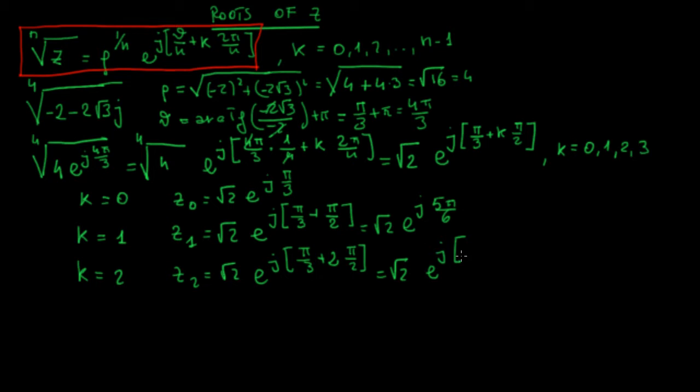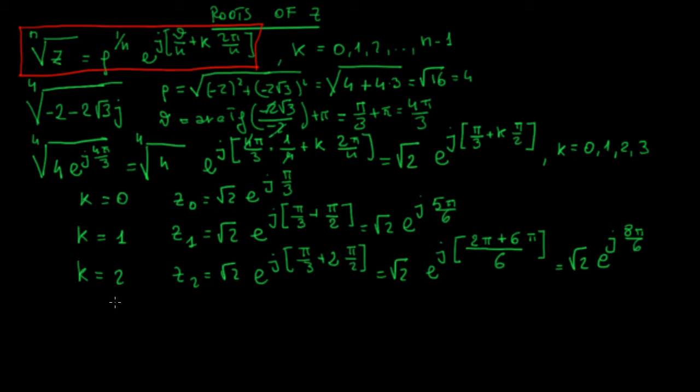The common denominator is going to be 6, so we have 2 pi plus 3 times 2, which is 6 pi. So exactly, this is going to be the square root of 2 e raised to j 8 pi over 6.